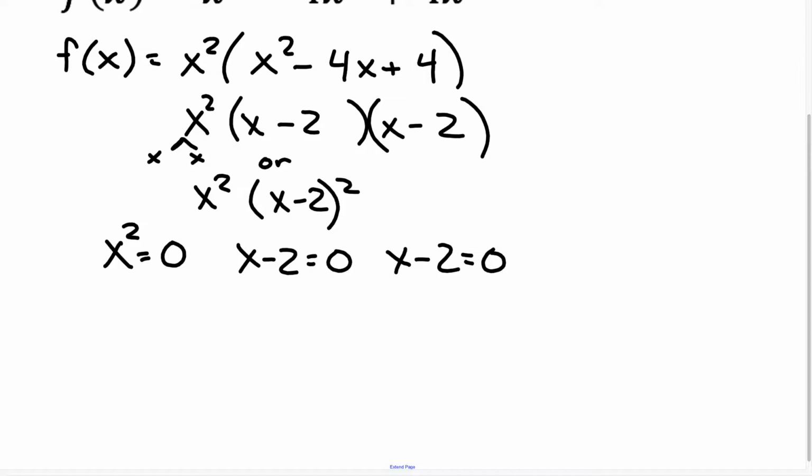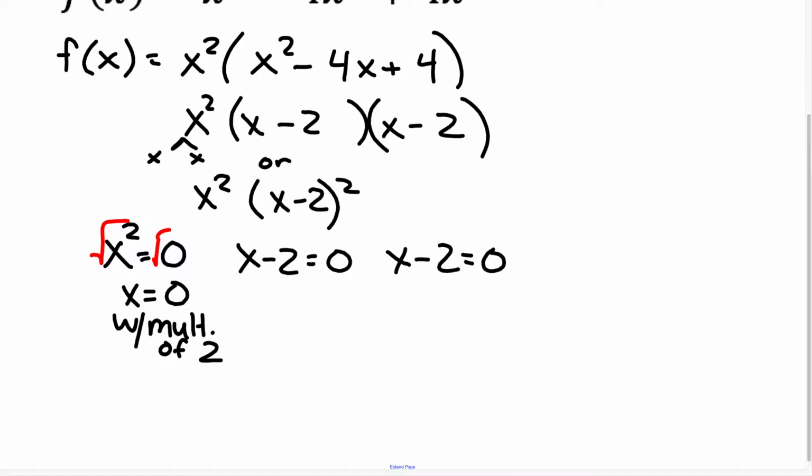Well, if I'm solving x squared equals 0, I could certainly square root both sides. And I don't even think you really have to do math. Don't you know the answer is going to be 0 there? The only thing you have to be careful of is remember, how many x equals 0s did you actually have? 2. So we're going to say x equals 0 with multiplicity of 2.